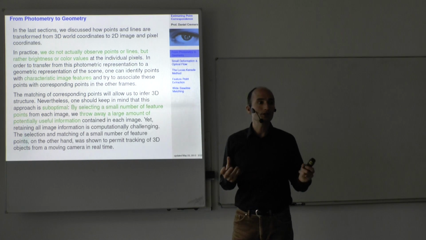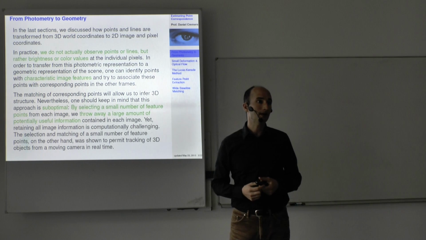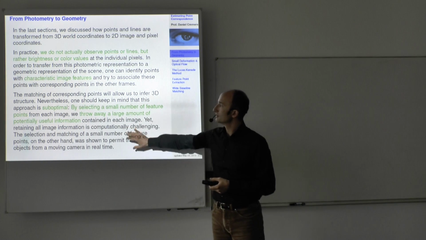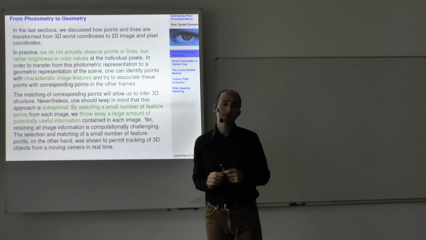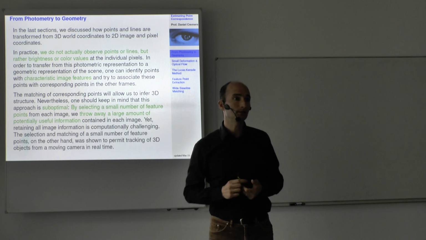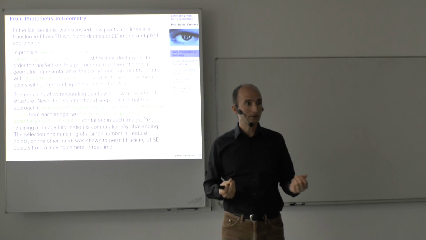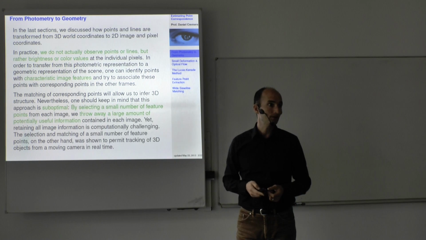And still there's a huge demand for algorithms to run on these lightweight small devices. And so for this reason, the more traditional sparse approach that uses only few feature points will still be important for many years to come, because it's more slim in terms of how much computation you have to do.